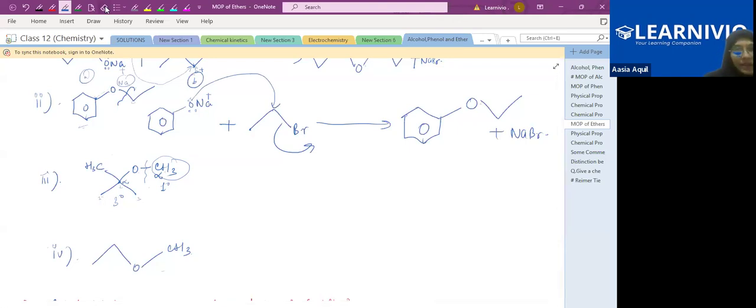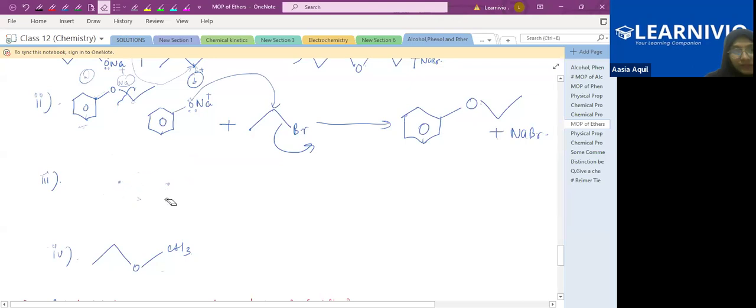Okay, again I'm repeating. See, this is your group. Now you can check, oxygen here, this is an alpha carbon and this is your alpha carbon.